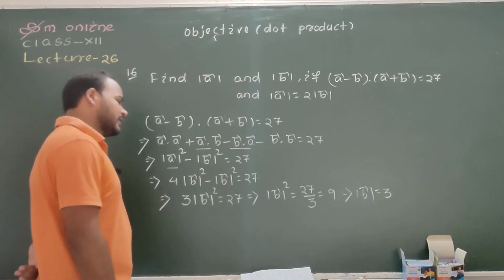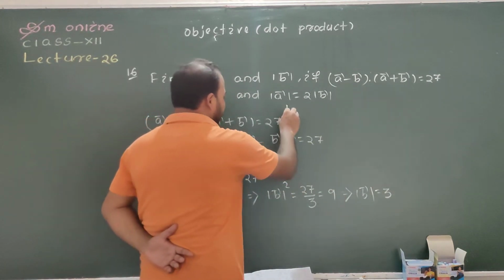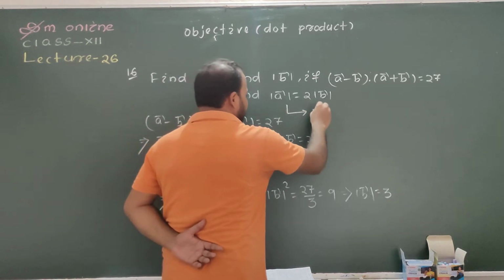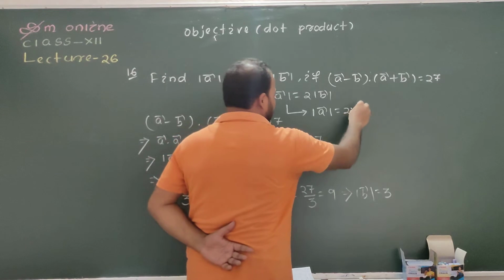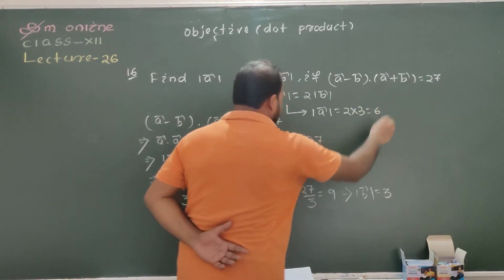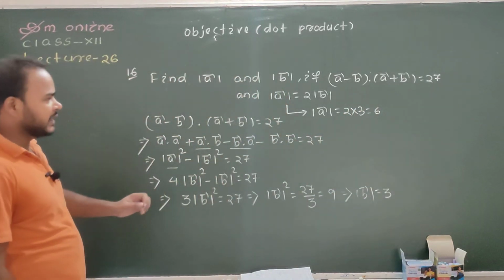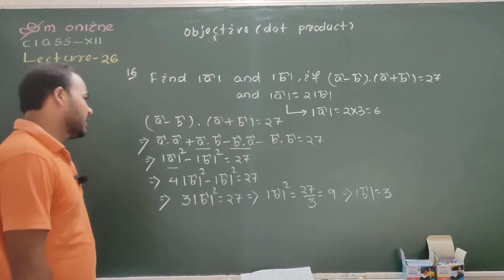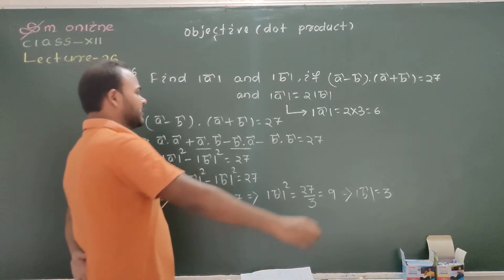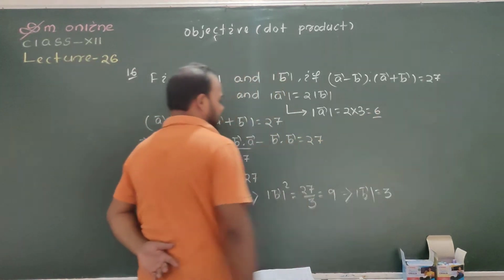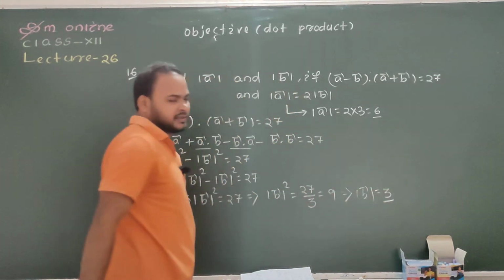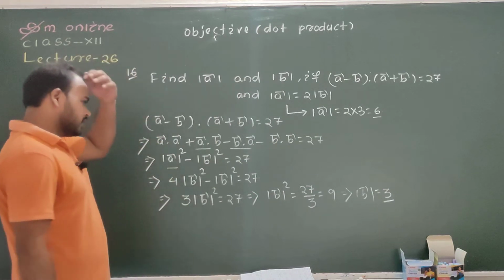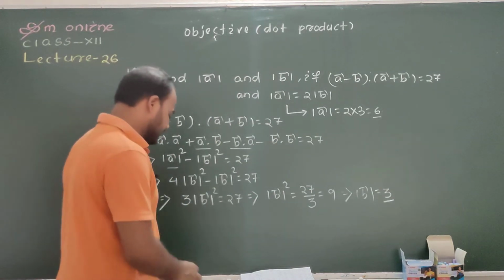If magnitude of vector B equal to 3, then magnitude of A is twice of magnitude of B, that is 2 into 3, equal to 6. So we get magnitude of A equal to 6 and magnitude of vector B equal to 3. Now move to question number 17.